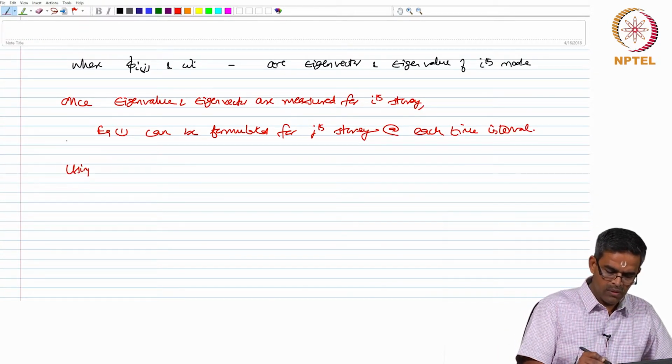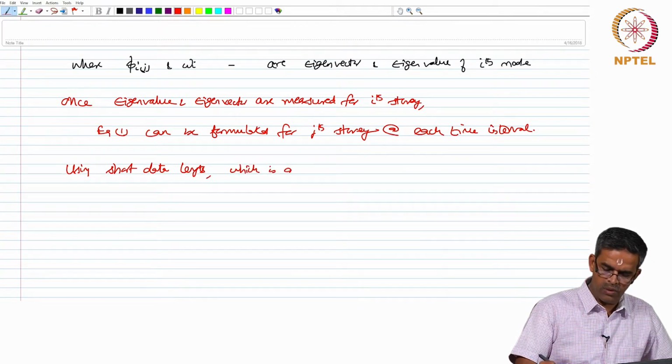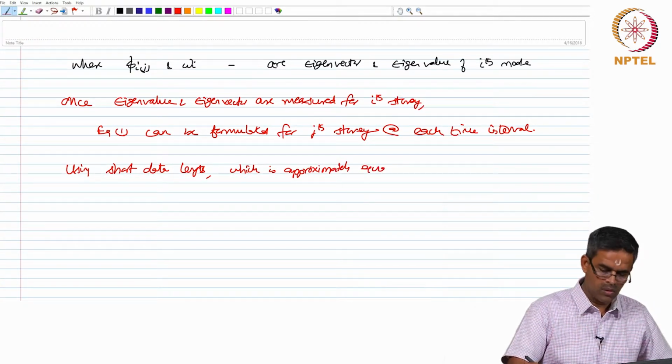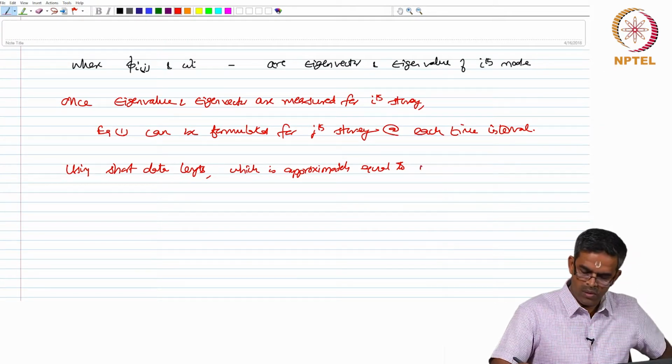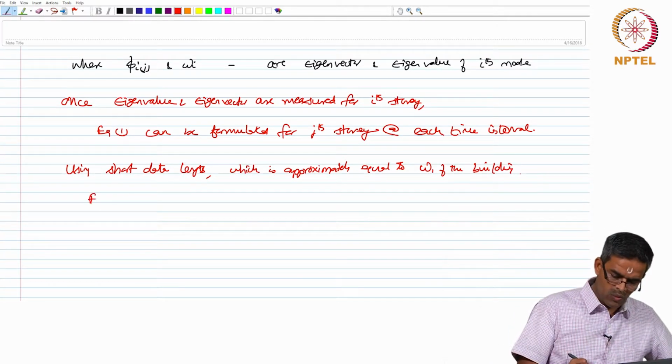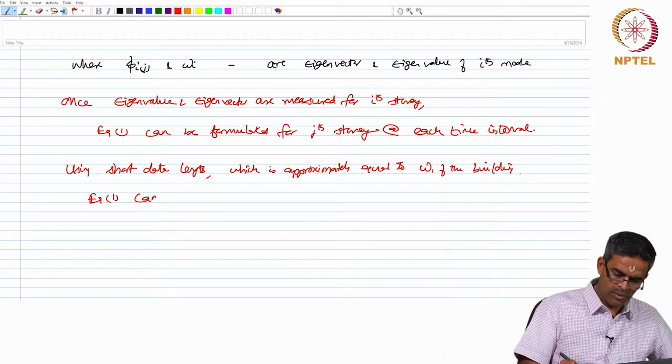Using short data length, which is approximately equal to the natural frequency of the building, equation 1 can be solved.